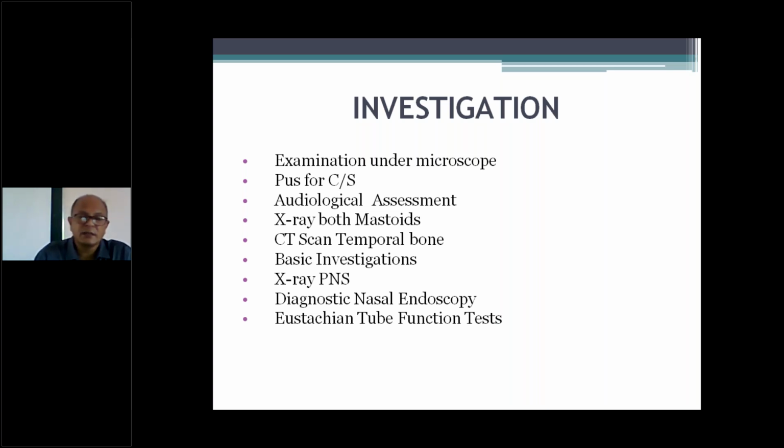Previously, it was thought that the pressure of cholesteatoma causes bone erosion, but that has now gone into the dustbin. So it is definitely chemical mediated or inflammatory mediated bone resorption.